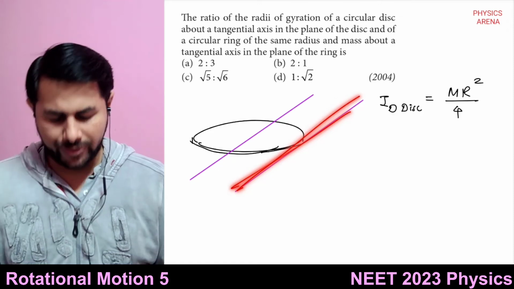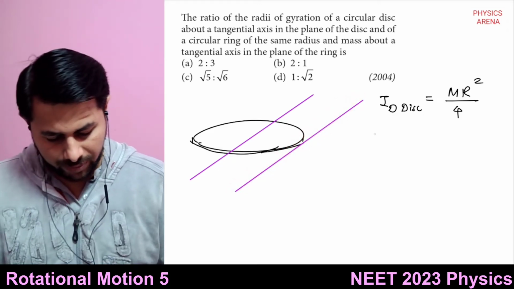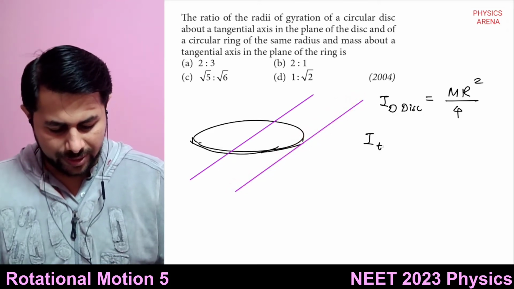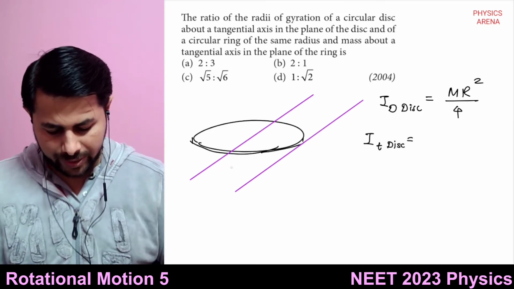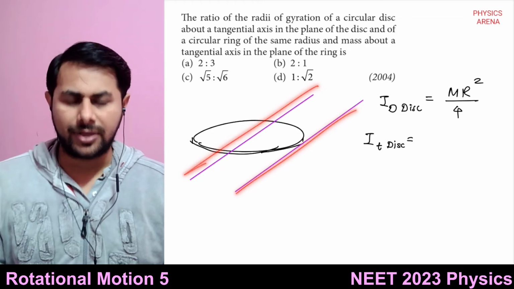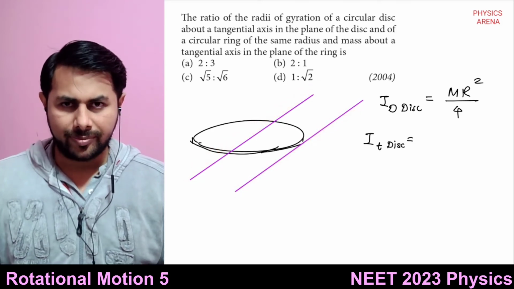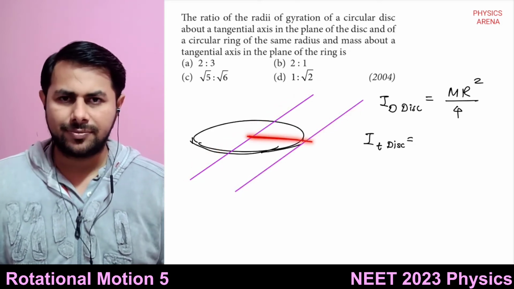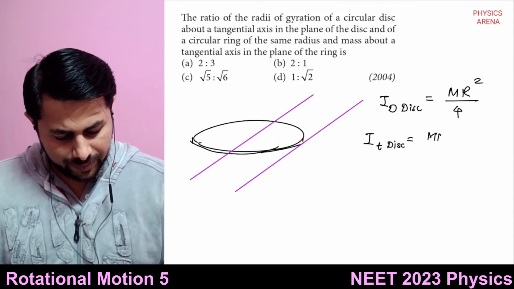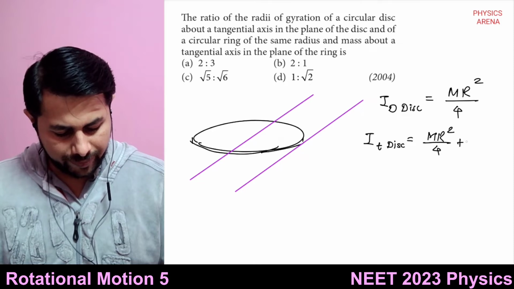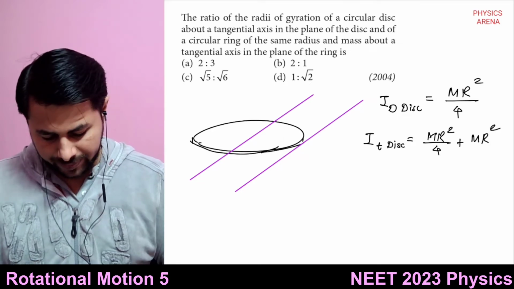So about this tangential axis, how much would be its moment of inertia? So it for a disk will be what? Using parallel axis theorem, you can say it is id plus mr square, right? So how much is id? It is mr square upon 4 plus mr square.